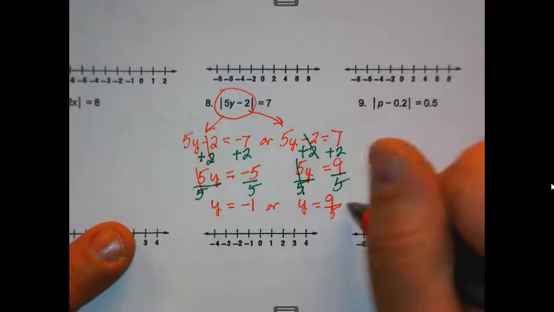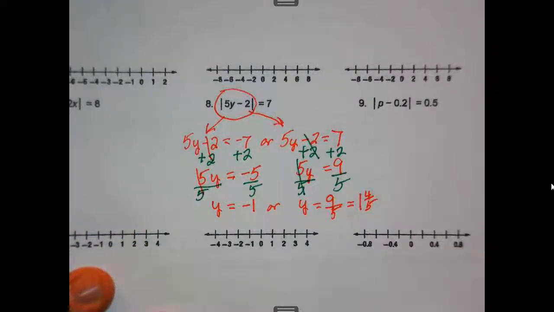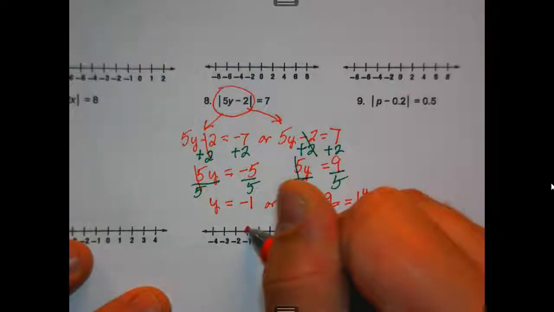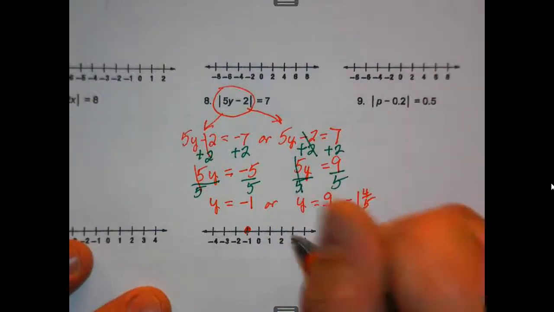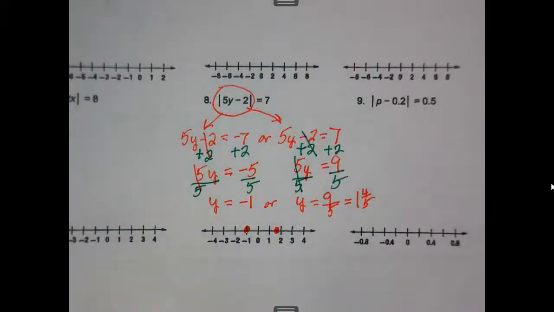Or that's about 1 4/5, or almost 2. So I'm going to have to graph those. So I have -1, and 1 4/5, or 9/5, is almost 2. And I'm done.